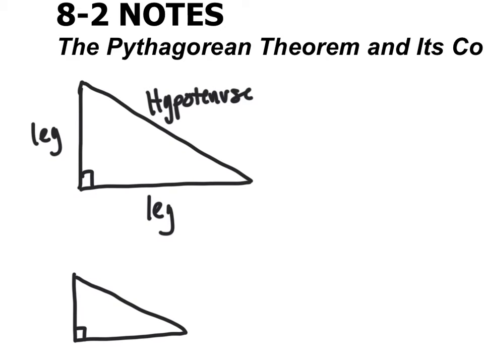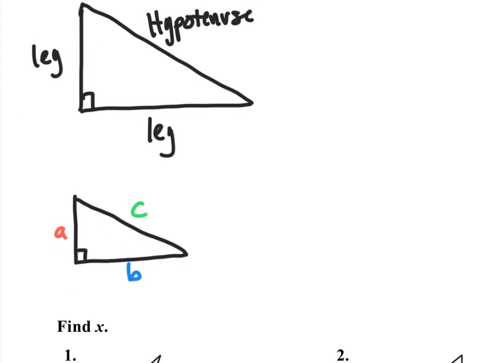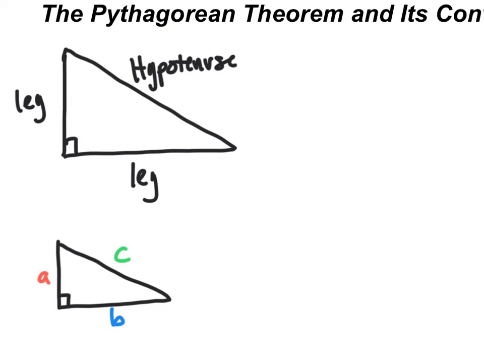So I'm going to call this length A, I'm going to call this length B, and then I'm going to call this length C. And from the Pythagorean theorem, what we know is that if we take that length A squared and we add that length B squared, then that's going to equal the length C squared, okay?